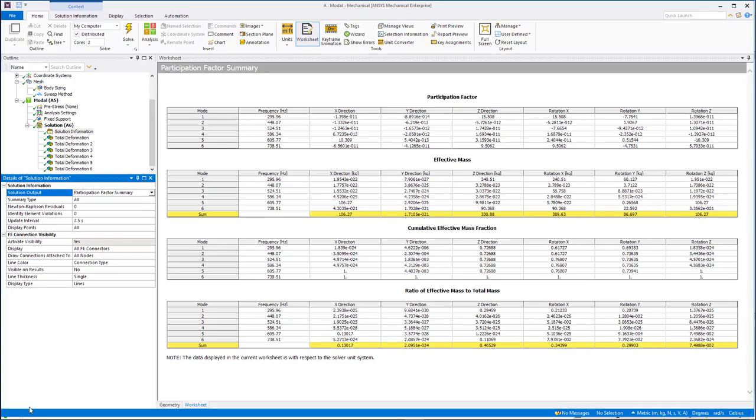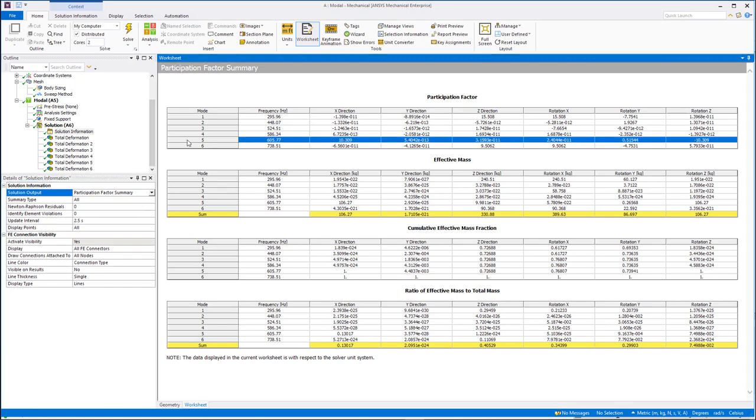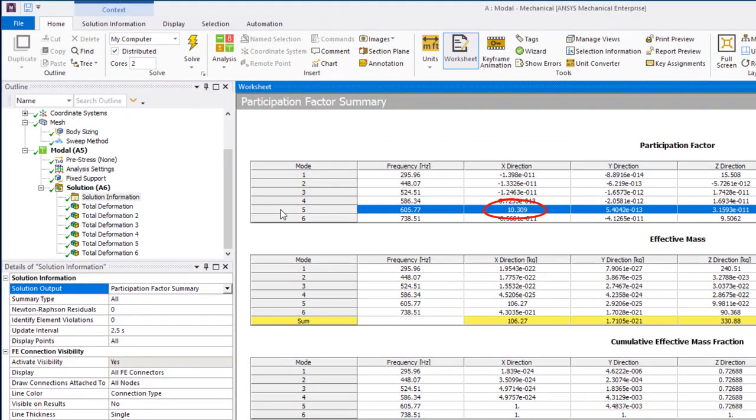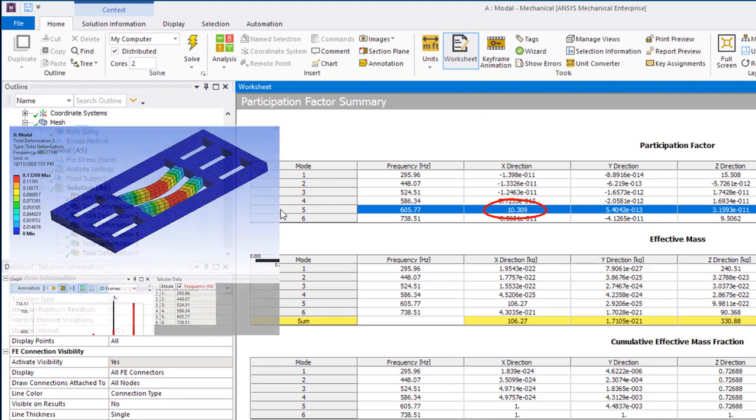A high value in a direction indicates that the mode will be excited by forces in that direction. Participation factors are available in all 6 directions, as we mentioned previously. In this case, for example, mode 5 is mode that is making a meaningful contribution to the response in x direction and will be excited by forces in that direction.